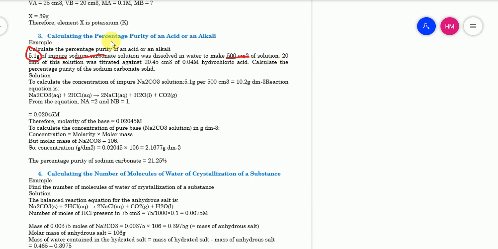As we know the formula of mass concentration, concentration is equal to mass divided by volume. So taking this mass divided by this volume, converting the volume into dm cube, we will get the mass concentration of impure sodium carbonate.